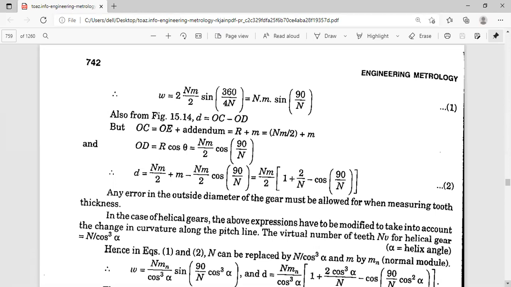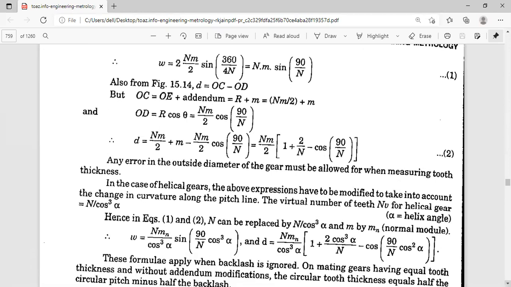Because we are not dealing with helical gears, we are not concentrating much on this derivation. You only need to know up to the derivation of the chordal W or H. Here, in the one-year method, whatever formula we are describing, we are ignoring the backlash.